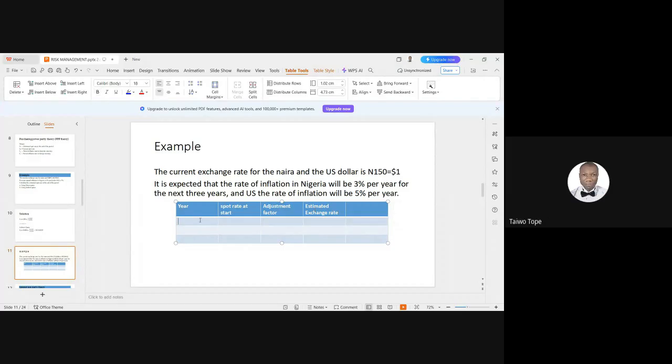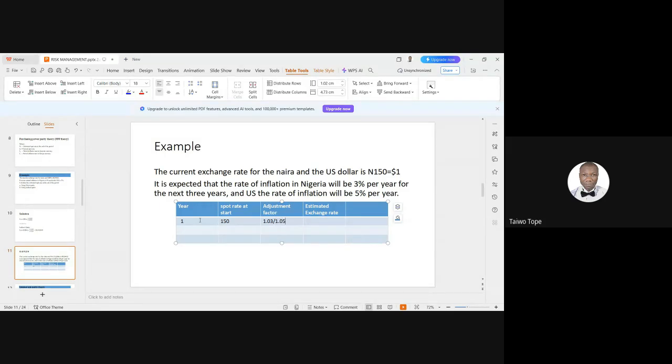For year one, we have the spot rate at start, S0, which is 150. The adjustment: the domestic inflation is 3%, so 1 plus 3% gives you 1.03, divided by the foreign inflation, which is 1.05 in year one.